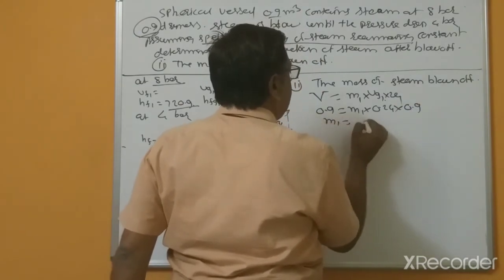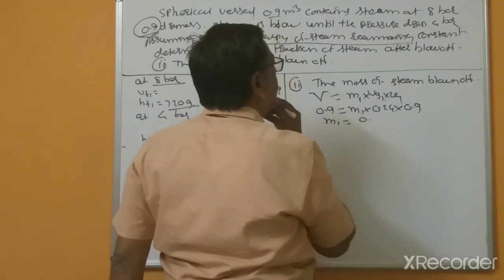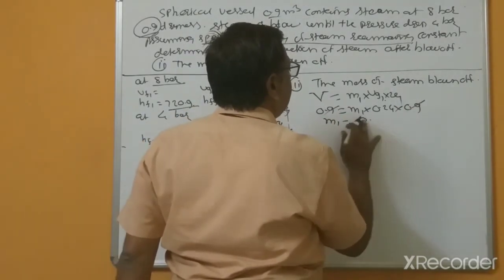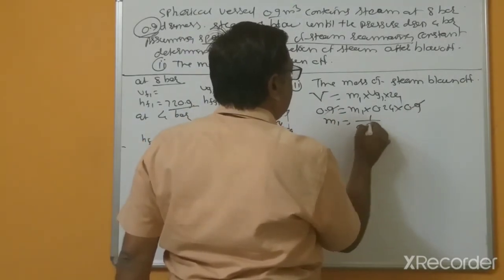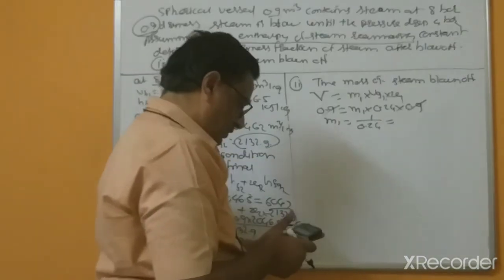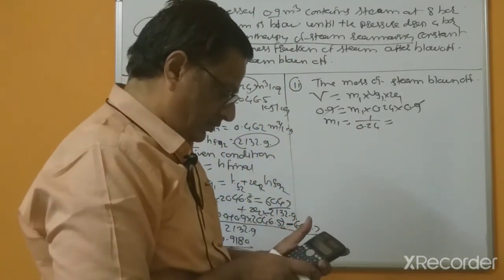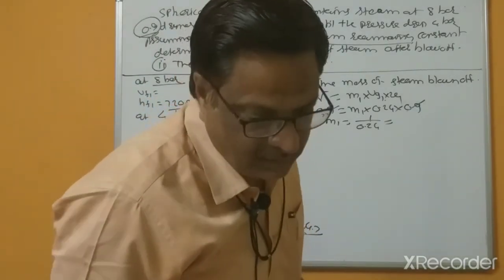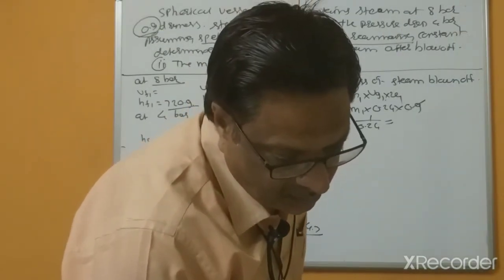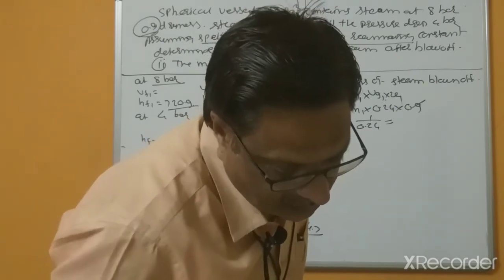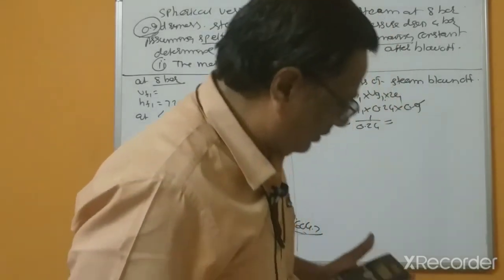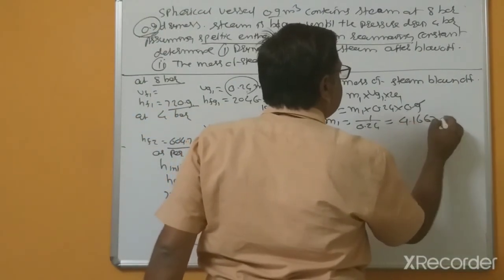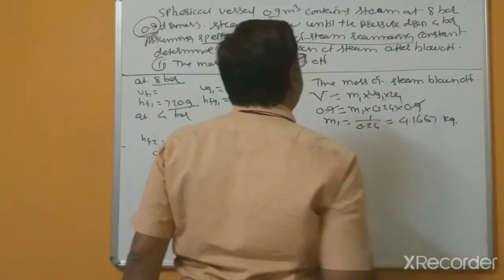So M1 equals 0.9 divided by 0.9 times 0.24, and the 0.9 gets cancelled. 1 divided by 0.24 is 4.1667 kg.